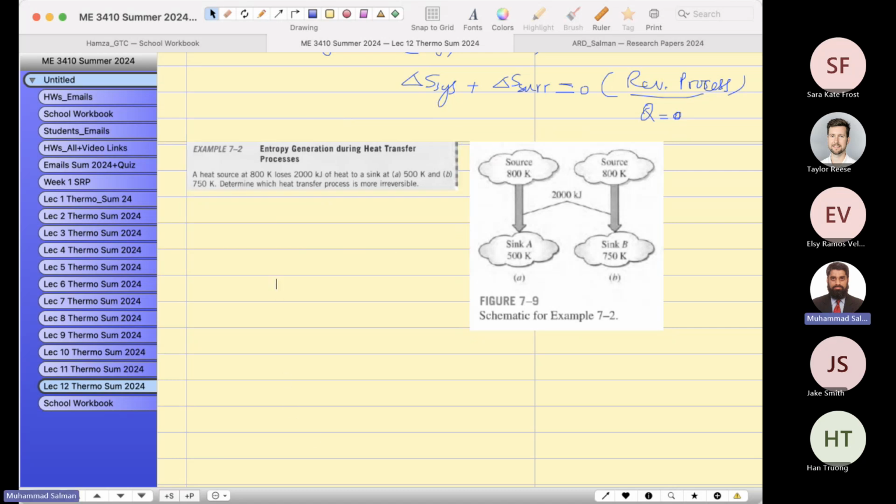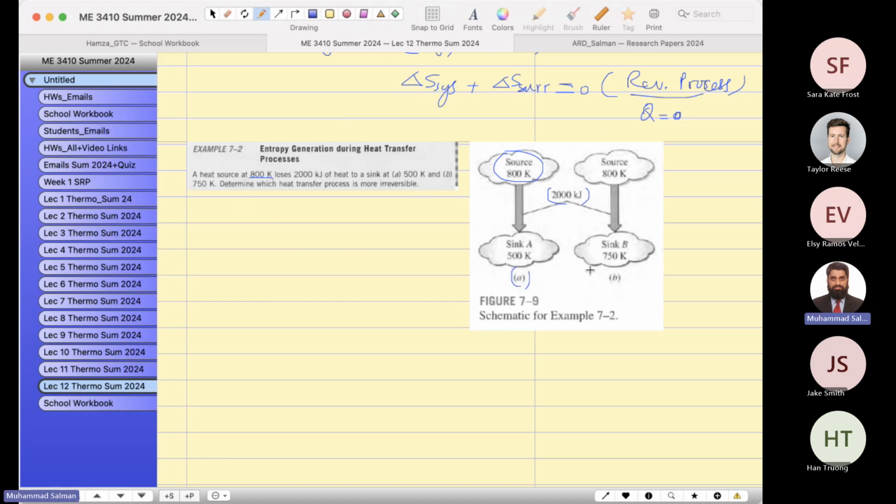Look, we can understand this problem. It will clarify many basic concepts. A heat source at 800 Kelvin loses 2000 kilojoules.